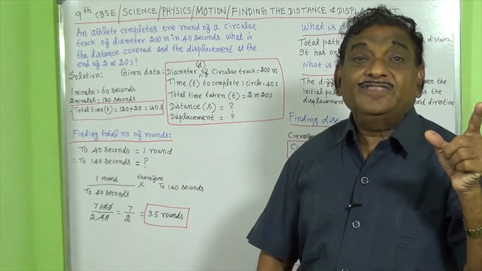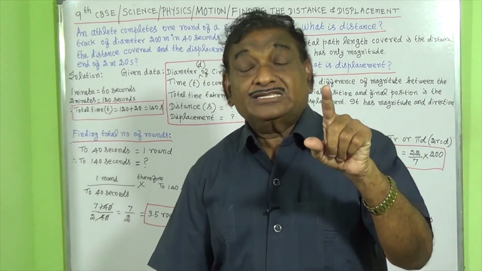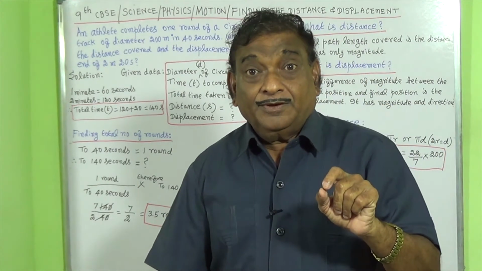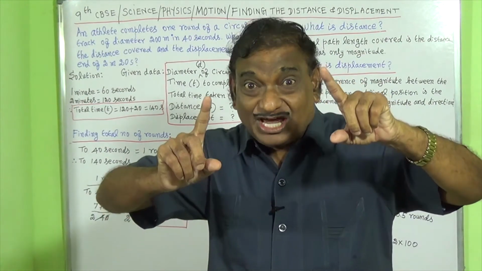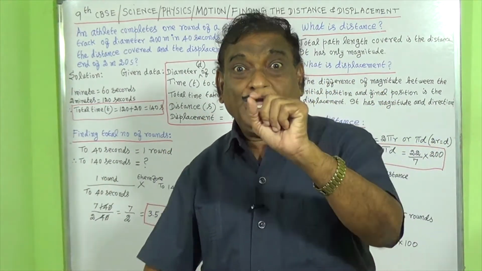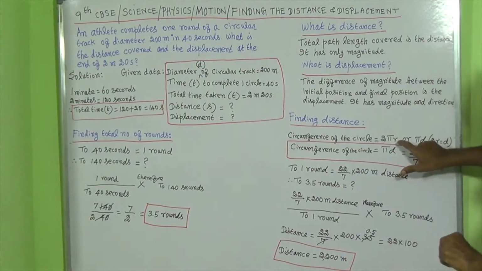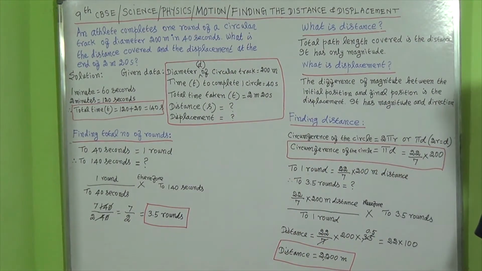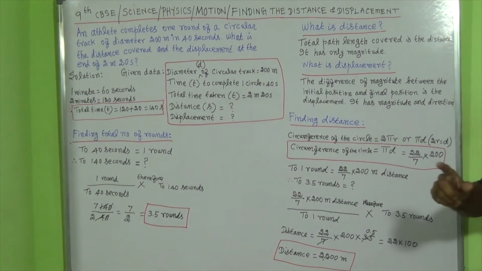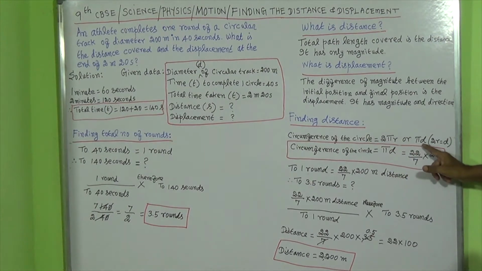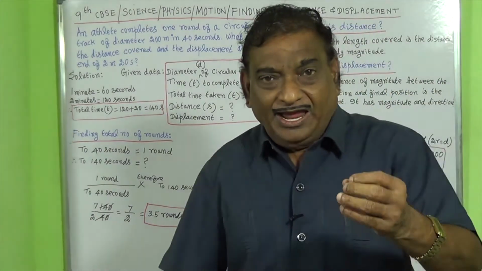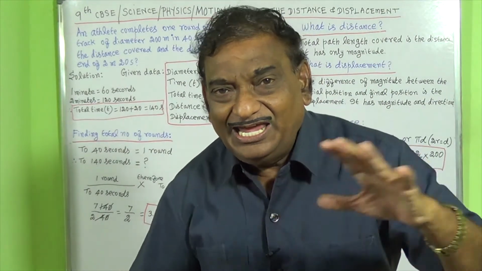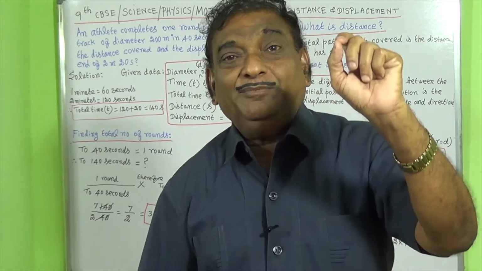How can we find the circumference of the circular track? We know that the formula for the circumference of the circle is 2 pi r, or we can write it as pi into d. Why? We know that 2 times the radius is equal to the diameter. In this sum, the diameter is provided, so we can directly substitute the diameter.